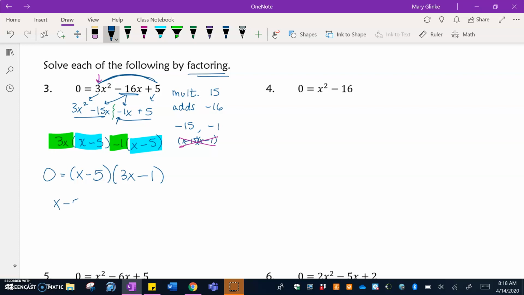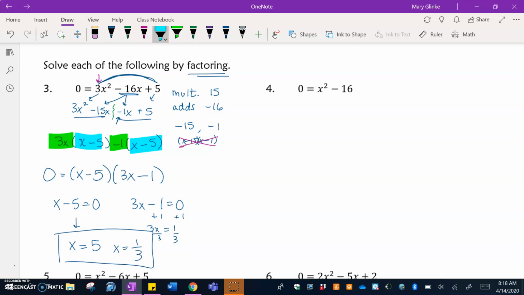Now in order to solve, I set each factor equal to 0 and solve each of those equations. For my first one, I add 5, and I get x equals 5. For the next one, I add 1 and then divide by 3, so I get x equals 1/3. So here are my two solutions, and I found them by factoring using split middle term.